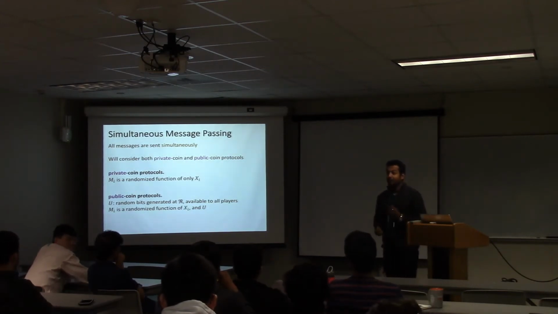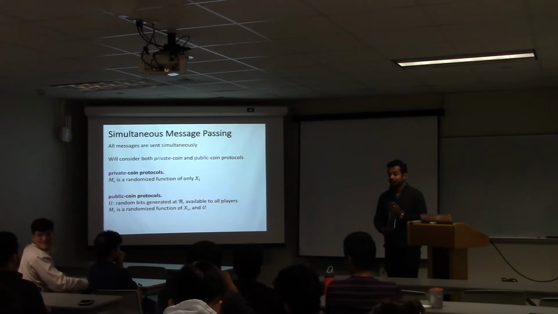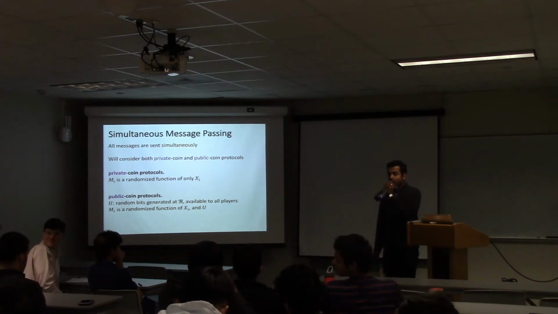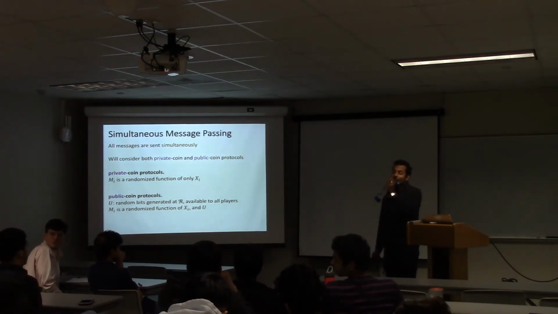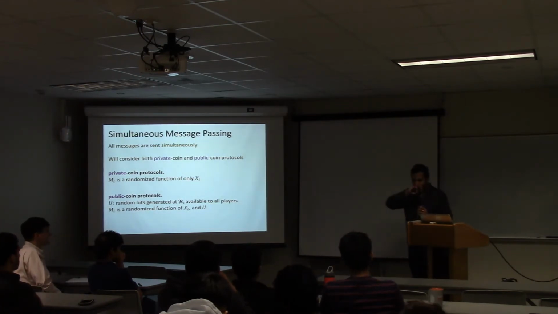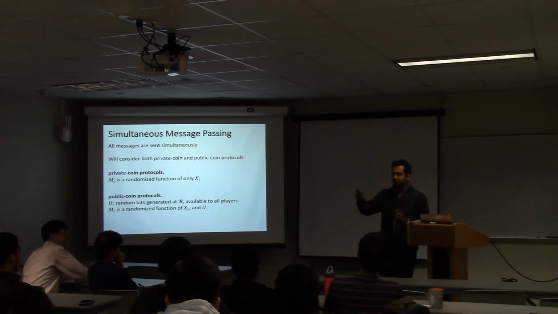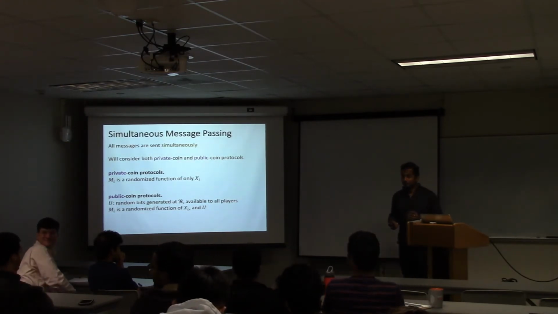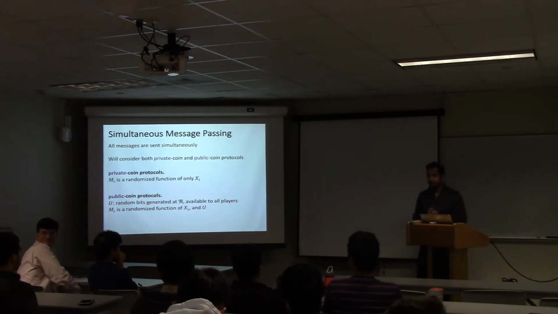What is a case when you have maybe not random protocols? For example, if you have only player one and player two, would I just tell player one to use protocol one and player two to use protocol two? Is that allowed? Yes, it is, by the public coins. But here there is no need to have a random thing.